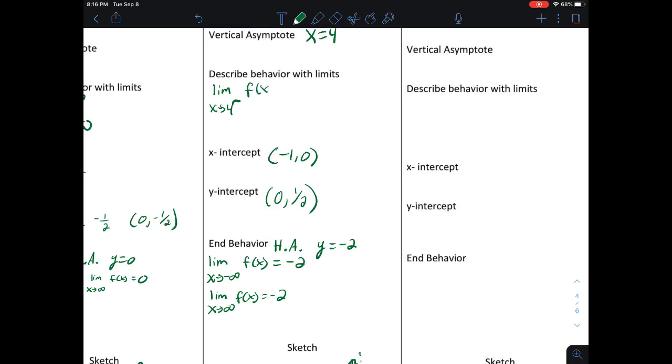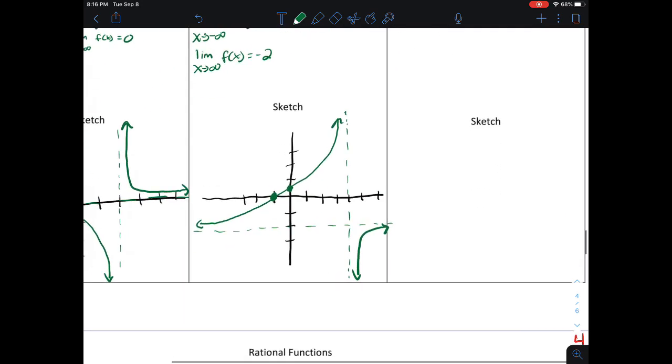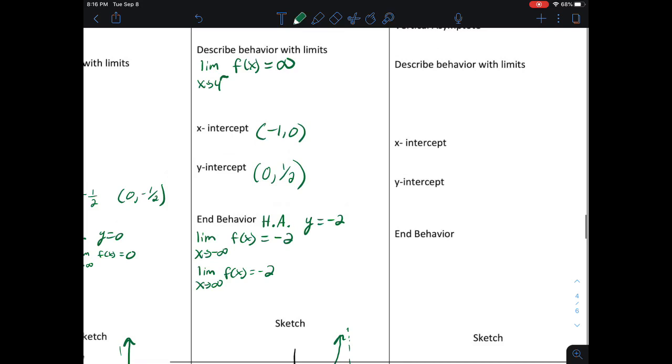For this function of x, it is increasing without bound, so we'll say equals positive infinity. And then the right-hand side: as we come at 4 from the right-hand side, we're going to go down. So it's decreasing without bound. So we write this as the limit as x approaches 4 from the right-hand side. The directional indicator is going to be the plus sign. This function of x is decreasing without bound, so we'll say it heads towards negative infinity.